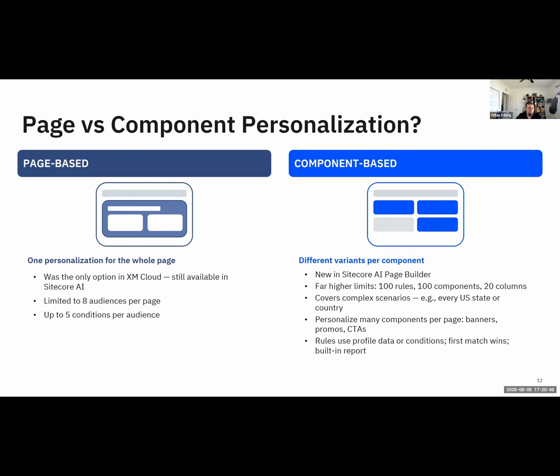This could be, I want to see all users that are in Florida and live in a specific zip code. That's a very weird scenario, but if you had that use case, you could only do up to 8 of those audiences. So if you wanted to do every state, for example, you couldn't do that easily with page level personalization. It was a real limitation.